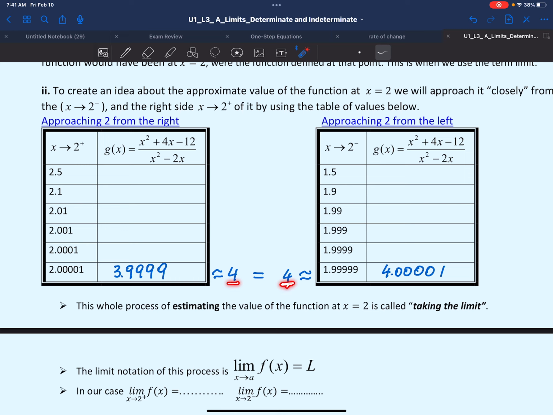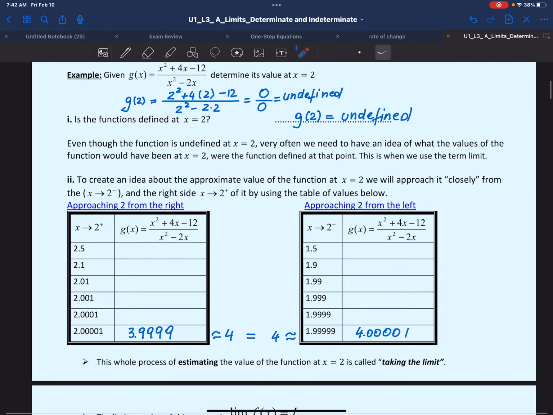We call this the limit of the function at 2. So the function is reaching a limit means that it is approaching a certain value. It doesn't necessarily mean that it has that specific value, but it is approaching a certain value.